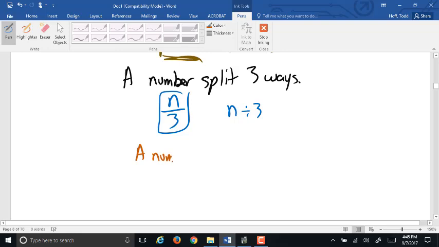A number over 3, perfect. Any others? Number divided by 3, perfect. That was actually exactly where I was going to go. Number divided by 3.